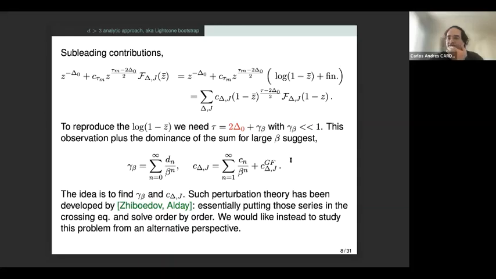So when people start doing that, you kind of assume these ansatz, and then you plug it back, and you start solving the crossing constraints order by order. And by solving order by order, you end up having algebraic equations for the coefficients in this series, and computing those coefficients gives you an estimation of these parameters.